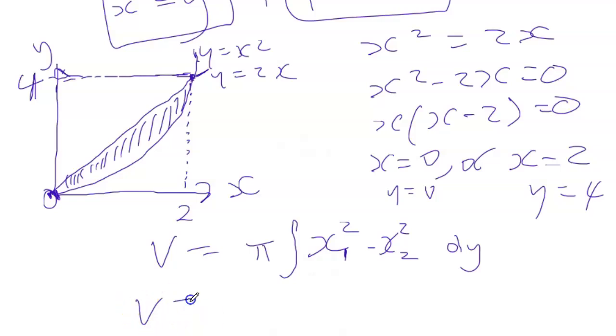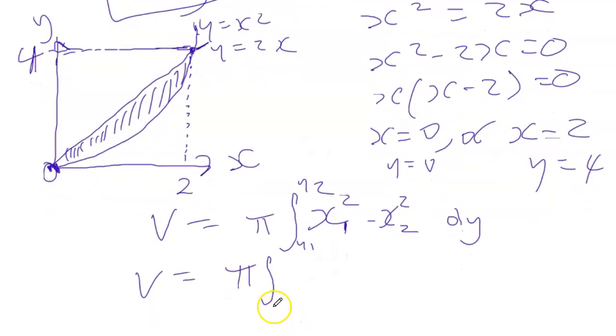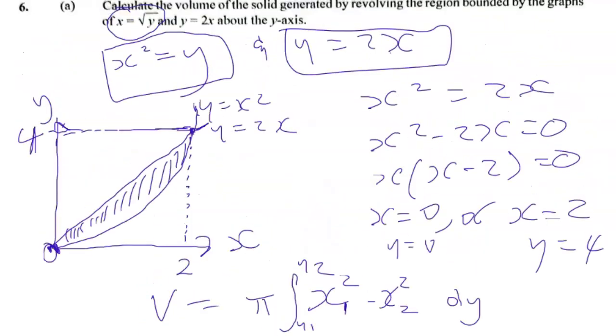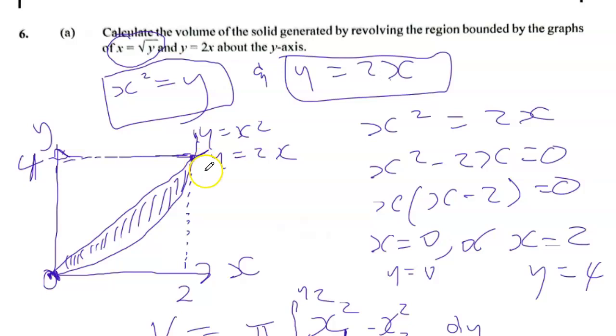So the volume is pi times the integral, and by the y limits, I'm going to call them y1 and y2 to represent the limits. y1 is the lower limit. In this case, y1 would be 0, and y2 would be 4, the upper limit. We have two graphs. One is x squared equal to y, that's the curve.